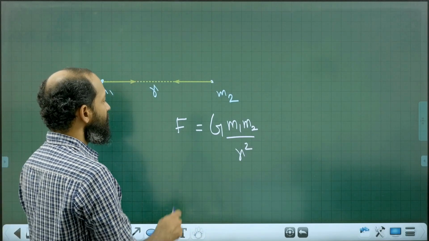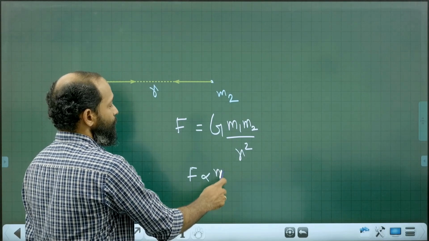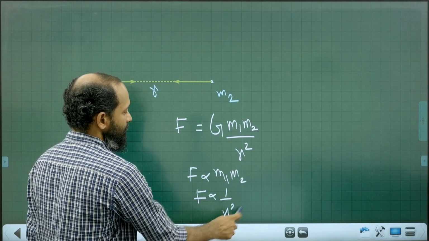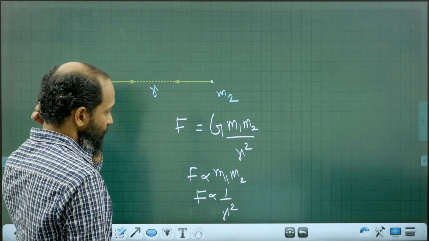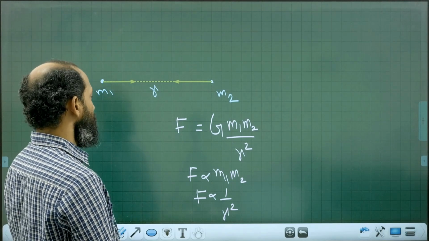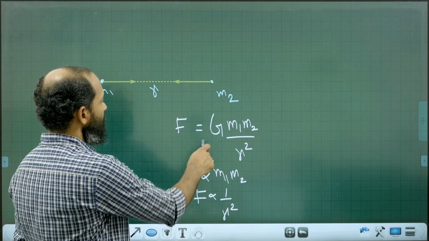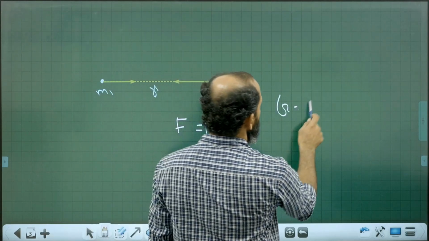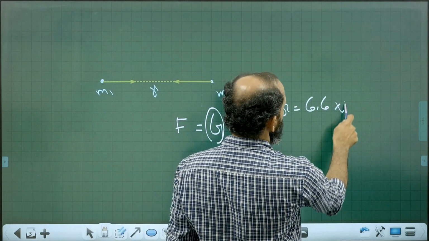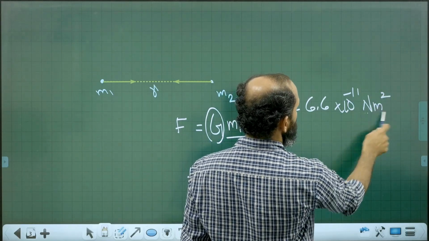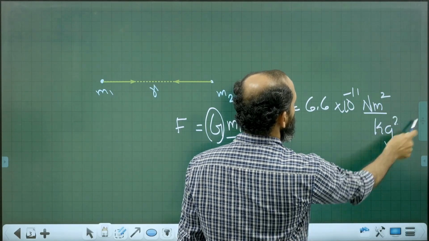Force proportional to m1 m2, and force proportional to 1 by r square. G is gravitational constant, its value is 6.6 into 10 to the power minus 11, unit Newton meter square divided by kilogram square.